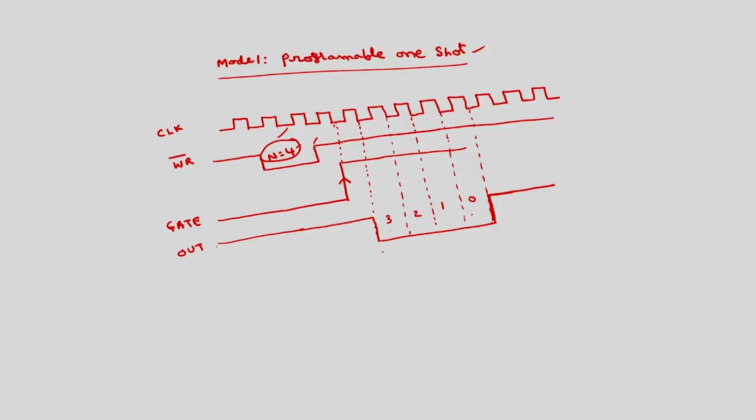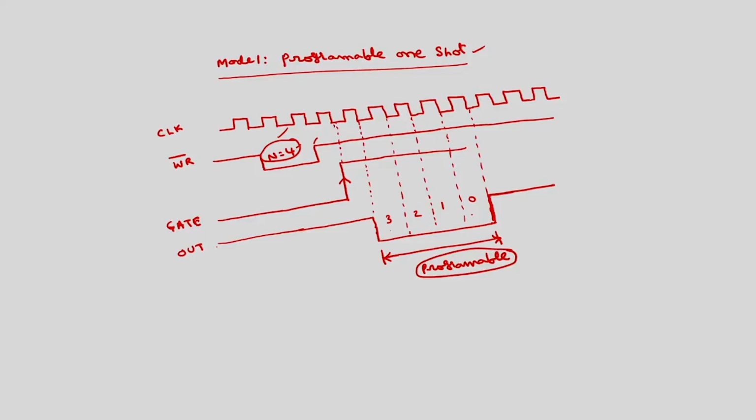The width of the signal is programmable. If n is equal to 4, this is the width. If n is equal to 5, you will get one more clock signal. So like that, this width is programmable, and that is why the name programmable one shot.